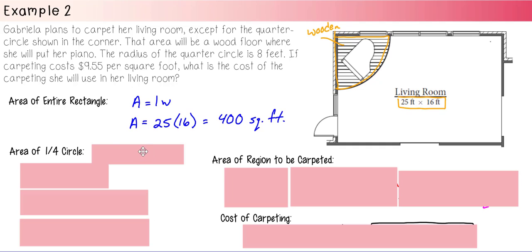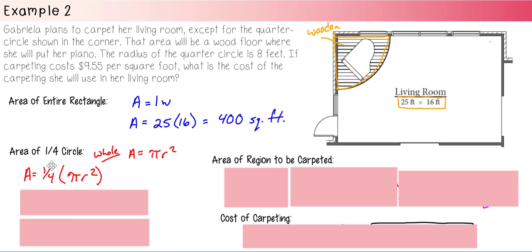So first off, the area of a circle, the entire circle, equals pi r squared. But we only have 1/4 of a circle, so we're going to rewrite our area to take only 1/4 of that entire area.